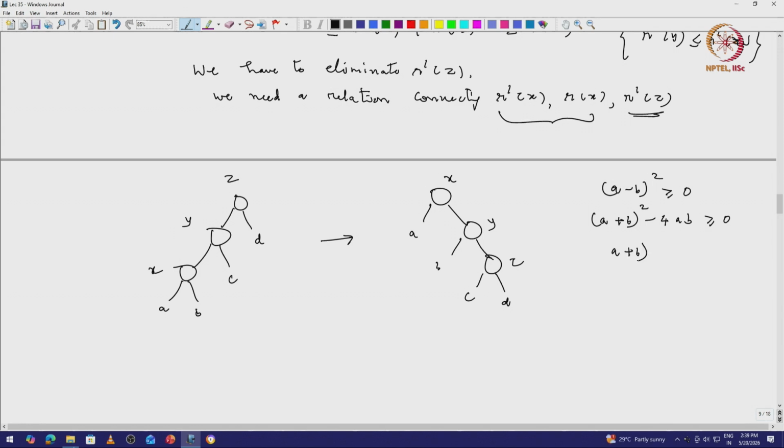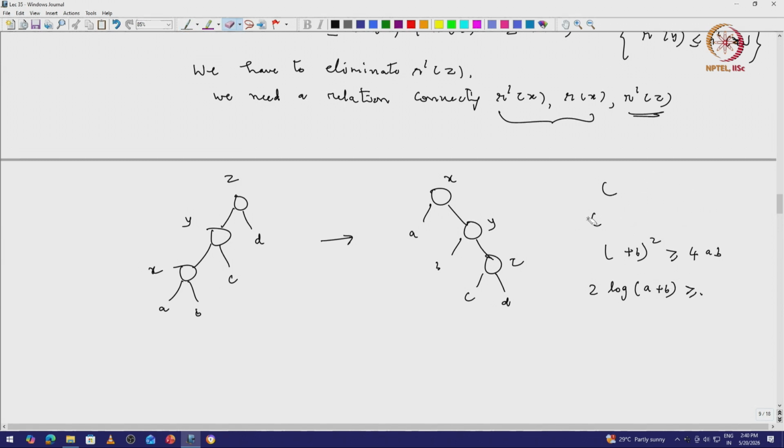A plus b square is greater than or equal to 4ab. When you take log, 2 log a plus b is greater than or equal to, we will bring that 4 on this side, would be better.